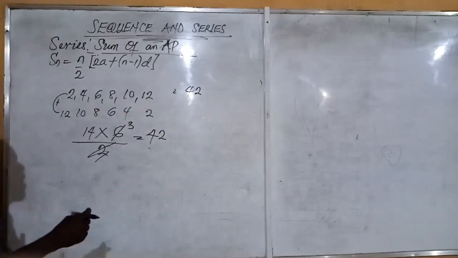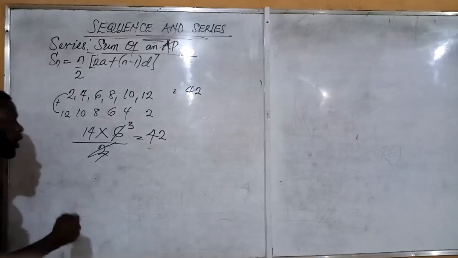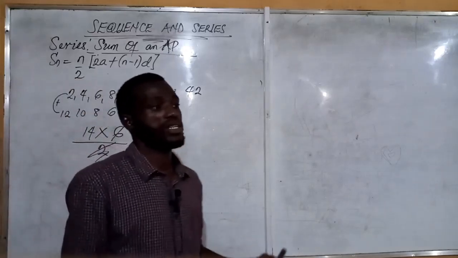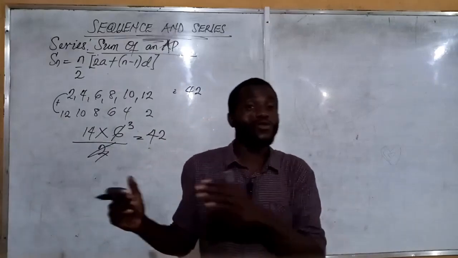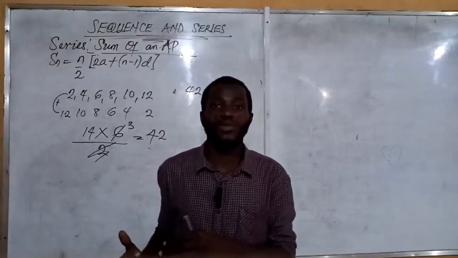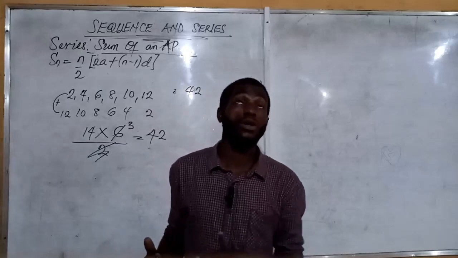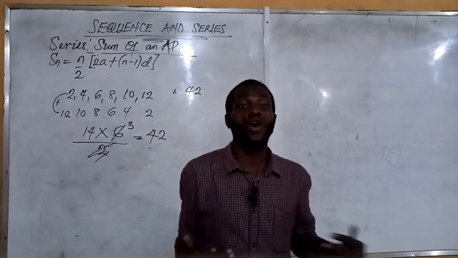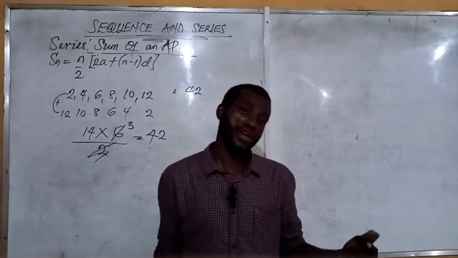Let's say I told you to find the sum of the odd numbers between 1 and 50, for example.